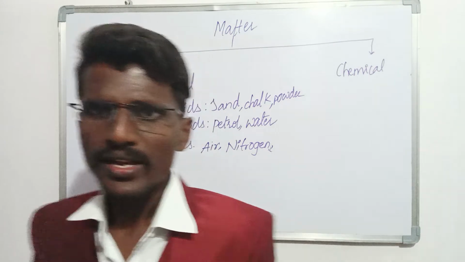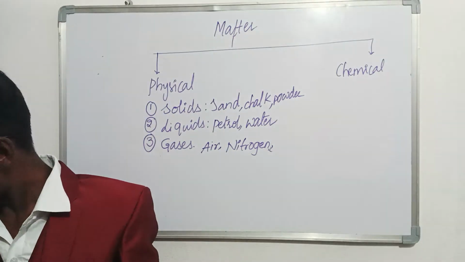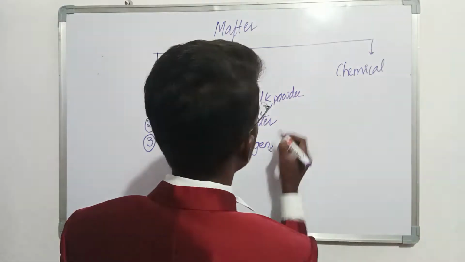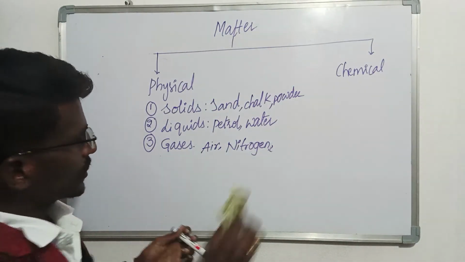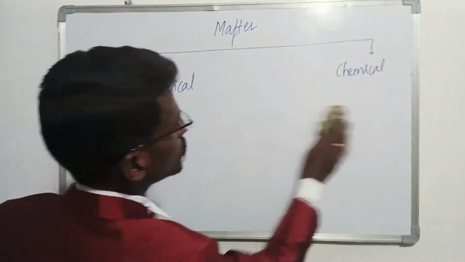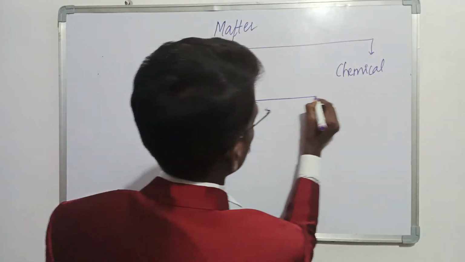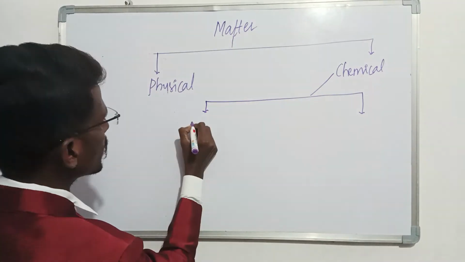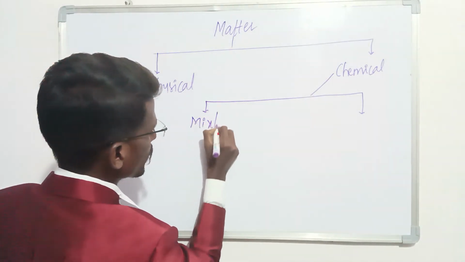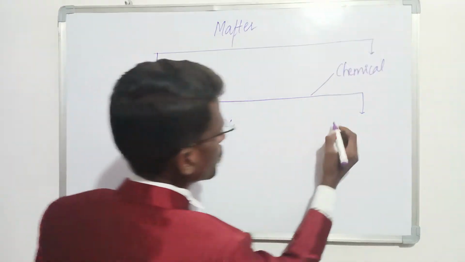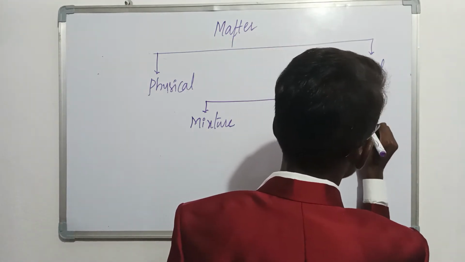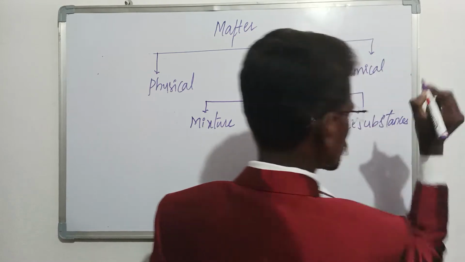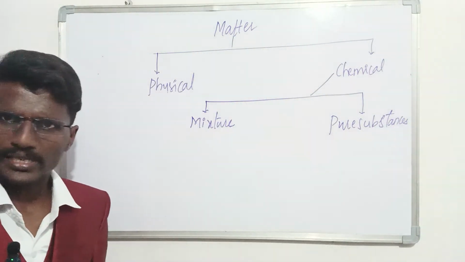Then chemical properties. Based on the chemical nature, matter is classified into two types: mixtures and pure substances.